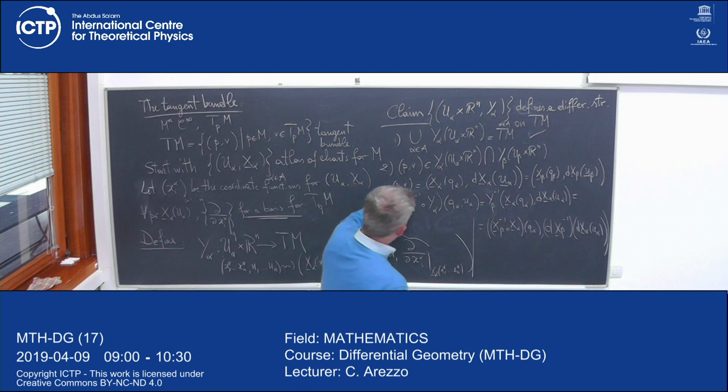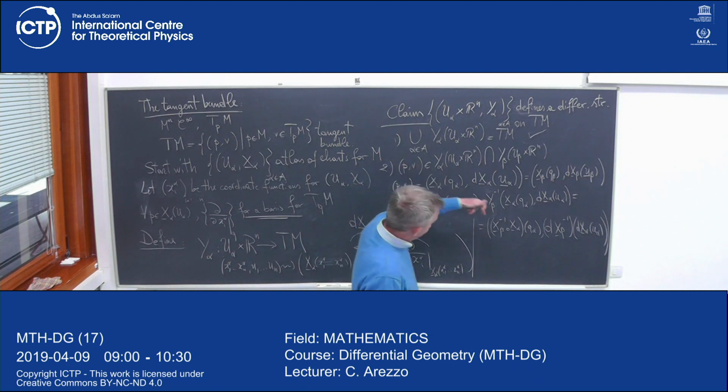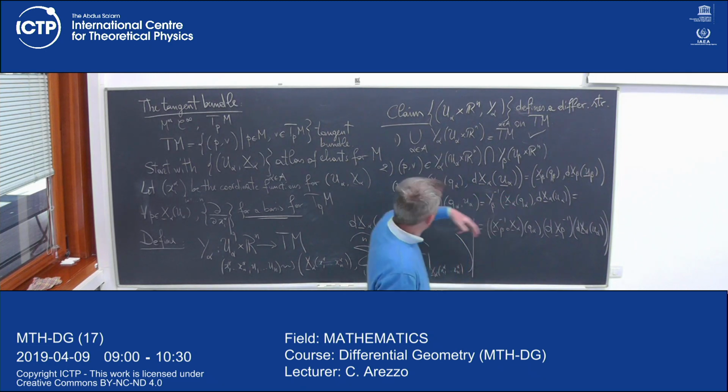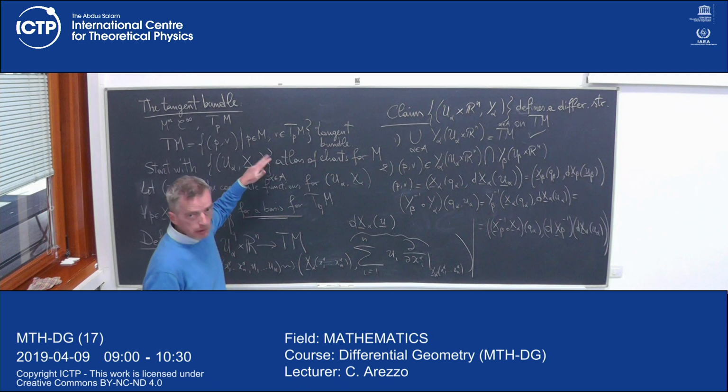Why? What do I have to prove? That this is a differentiable map. The first part is differentiable because X must satisfy this property, because X was a chart, was a system of charts.